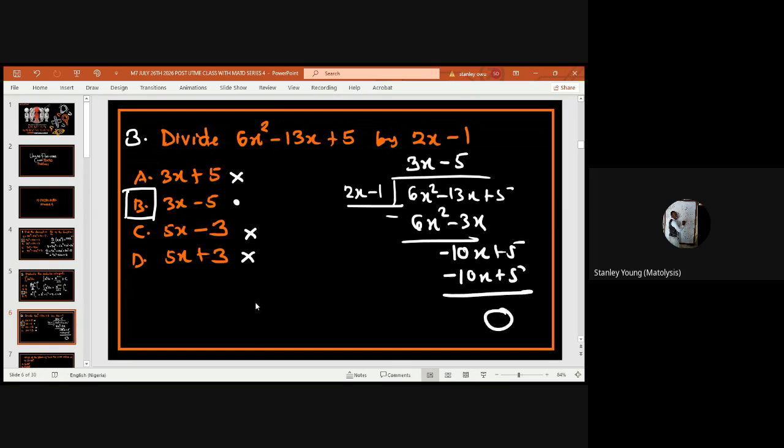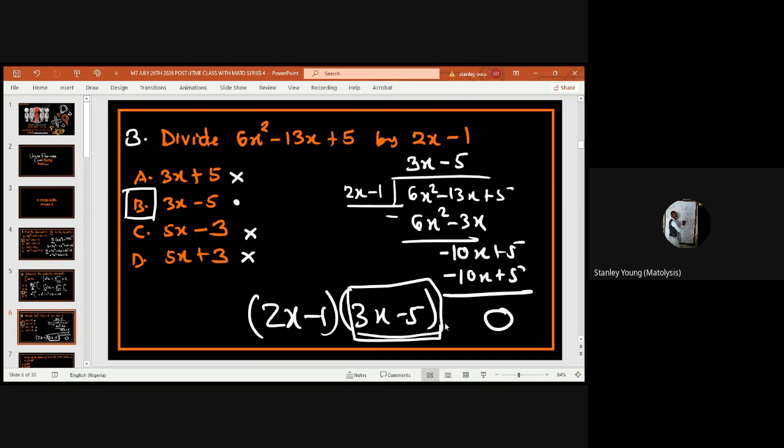So this means we now have 2x minus 1 and 3x minus 5 to be the divisors of the polynomial. This is what we're interested in. Like I said from the beginning, you have no job trying to solve this problem. You have to pick the right option by being smart.